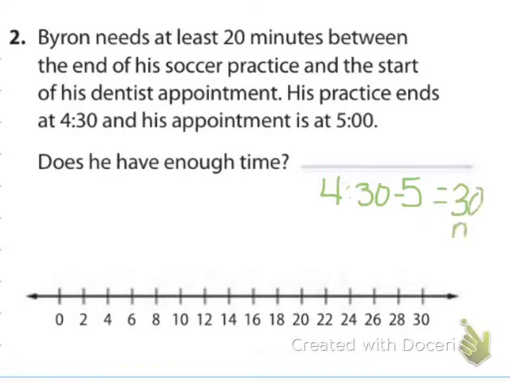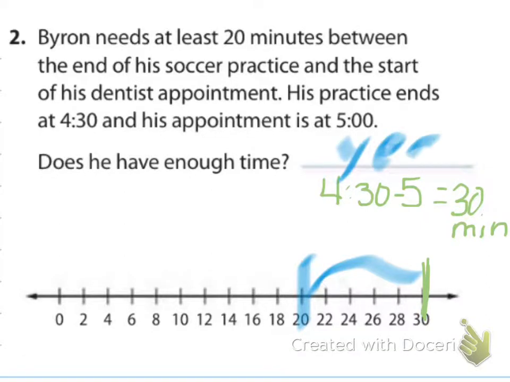Hopefully you know that that is 30 minutes. Okay, so here's how long he has, and he needs at least 20, which is right here. So does he have enough time? Yes, he's actually going to have a little extra time here of 10 minutes. So the answer is yes.